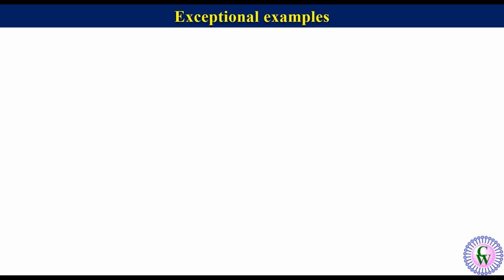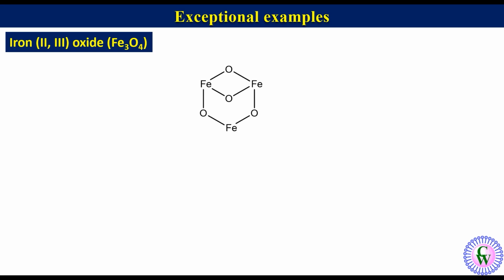Now let's discuss the last example of this lecture, which is iron 2,3 oxide, Fe3O4. The structure of this compound can be drawn like this.